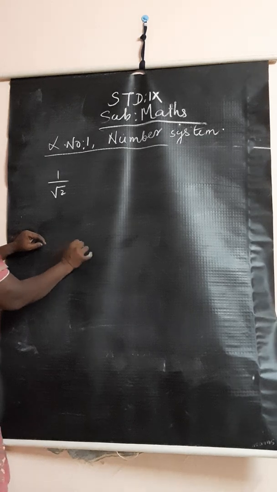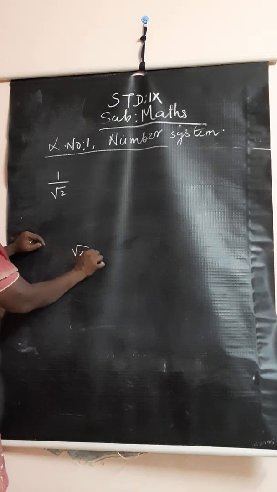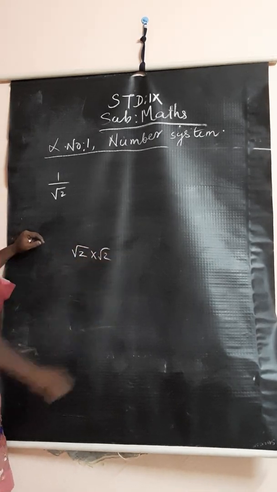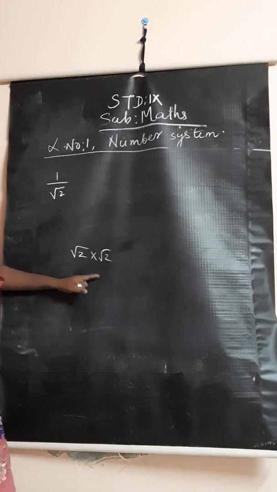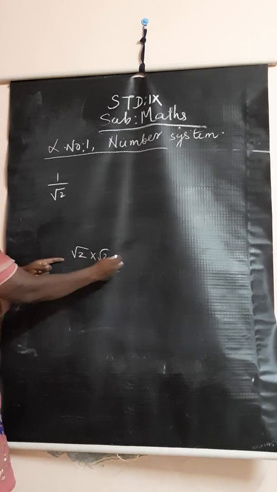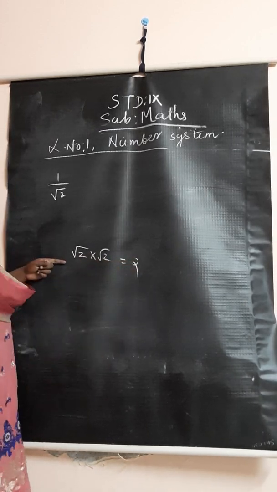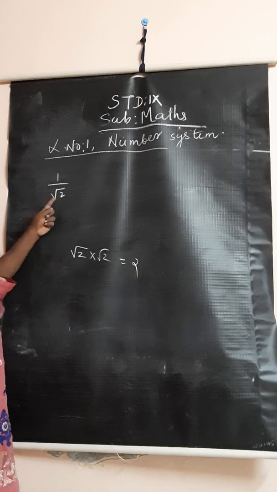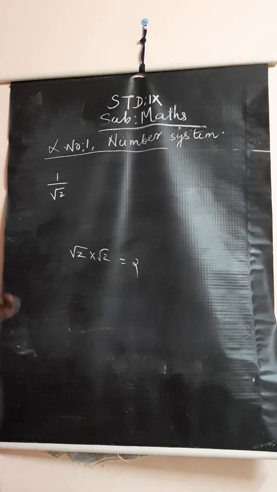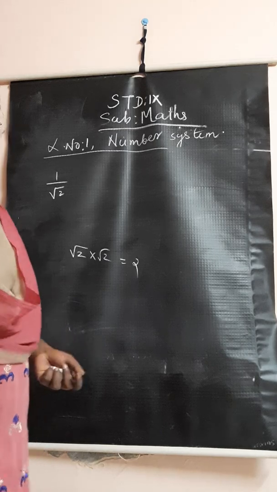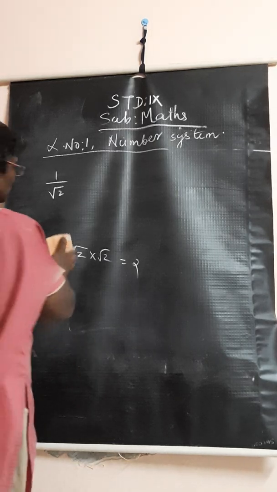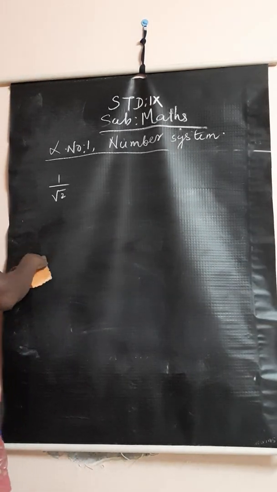So you clearly know that root 2 multiplied by root 2 will become 2. So root 2 multiplying by root 2, what will you get? A 2. You will get a rational number 2. So that is the rationalizing factor we have to multiply. You got the rationalizing factor as root 2. So how to rationalize the denominator?